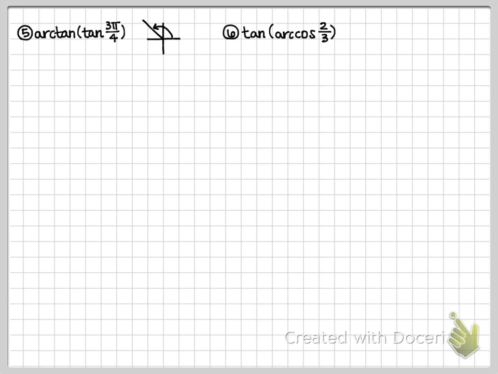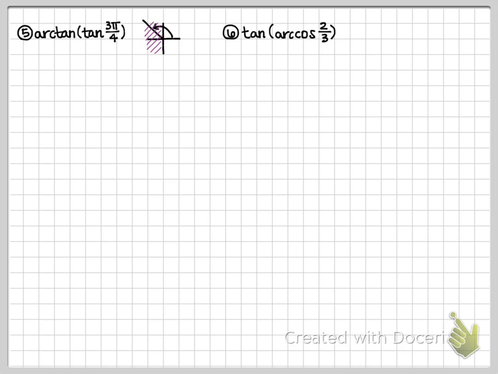Well, we've got a tangent restriction, so an arctangent. Well, arctangent, we've got some big problems here. That's the restriction. Notice that not only do you land in a bad spot, but you go through the bad spot too. So this is not good.